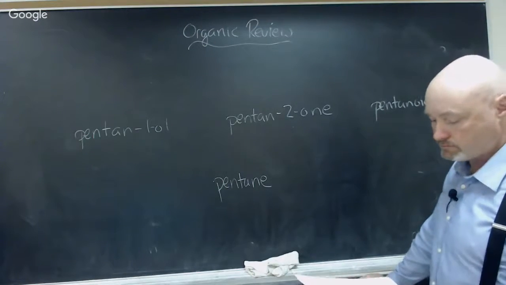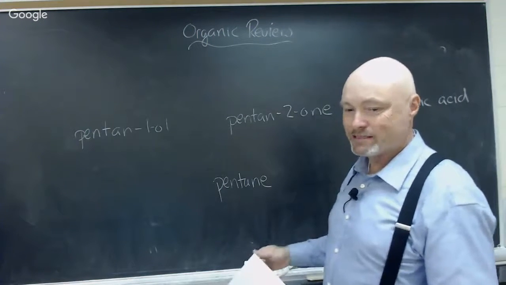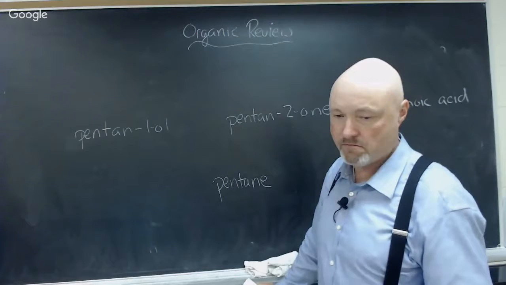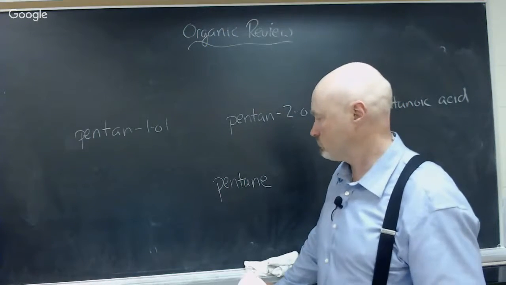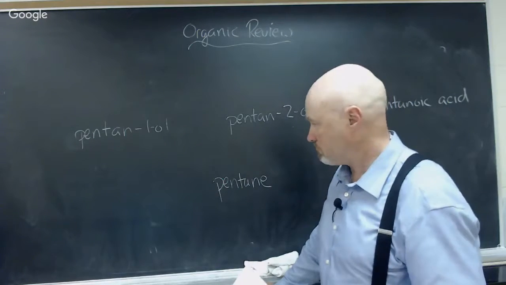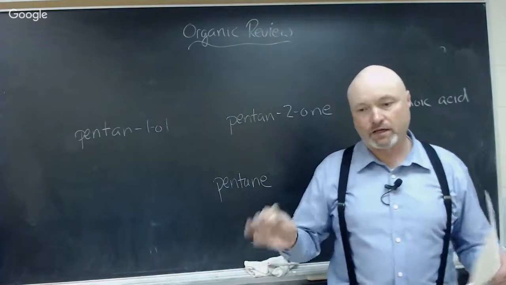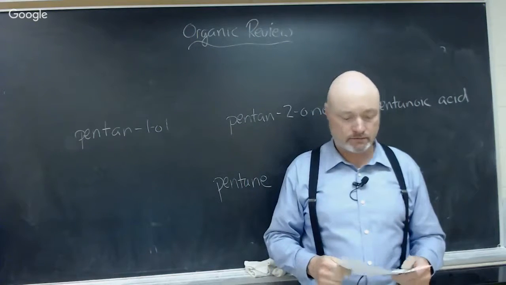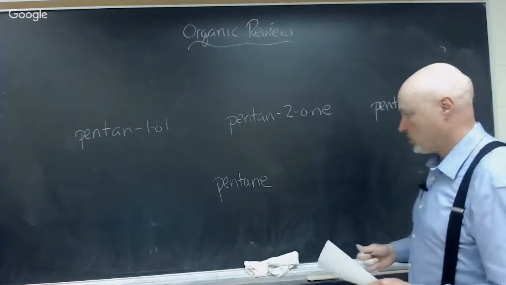All right. So what is common to all these molecules? Well, they all have a 5-carbon backbone. So every one of these molecules is a 5-carbon atom chain molecule. That's exactly right. So what's different about all of these molecules?